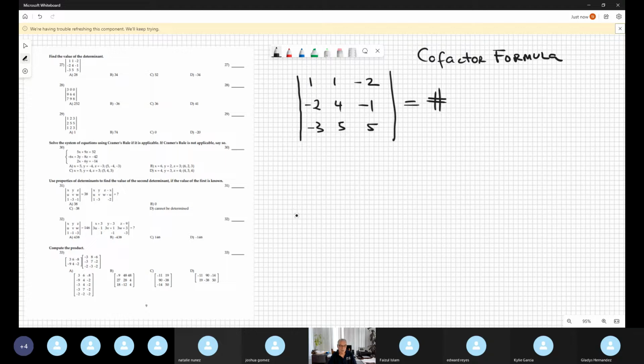Look, with the cofactor formula you can navigate along any row or any column. This is the beauty of the determinant. In the matrix we work with row operation, row operation, row operation. In determinant, you can work with row operations and column operations if you want, but I prefer row operations because it's the traditional.